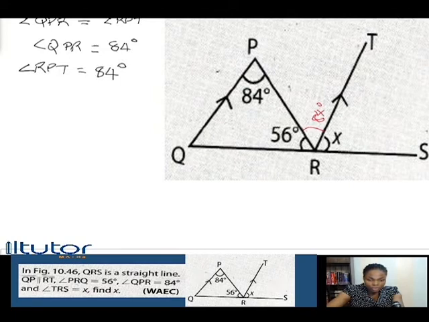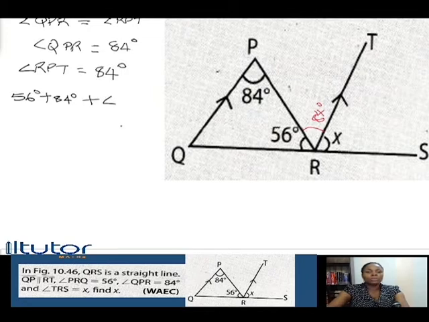From this point to this point is the whole angle. So on line QRS you have 56 degrees plus 84 degrees plus angle TRS, which is our X. The total of these angles is supposed to give us 180 degrees, the sum of angles on a straight line.